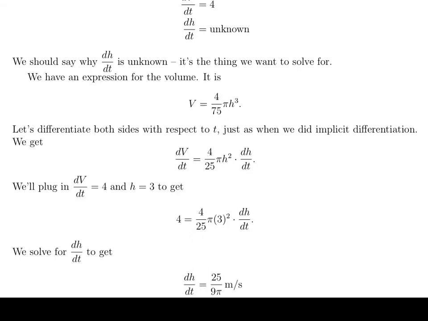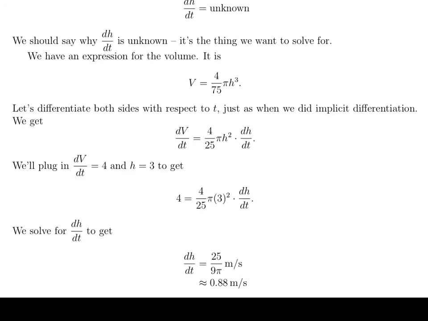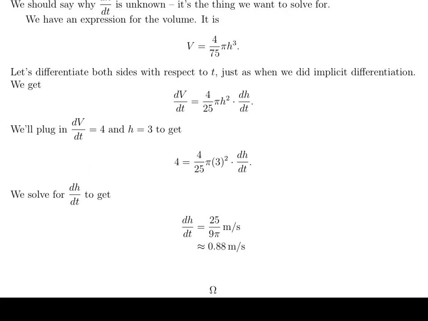Do a little solving and we get dh/dt is equal to 25 over 9π meters per second. That works out to approximately 0.88 meters per second. You should be able to measure how fast it's rising per second, and that's what we get. Okay, that's all for now.